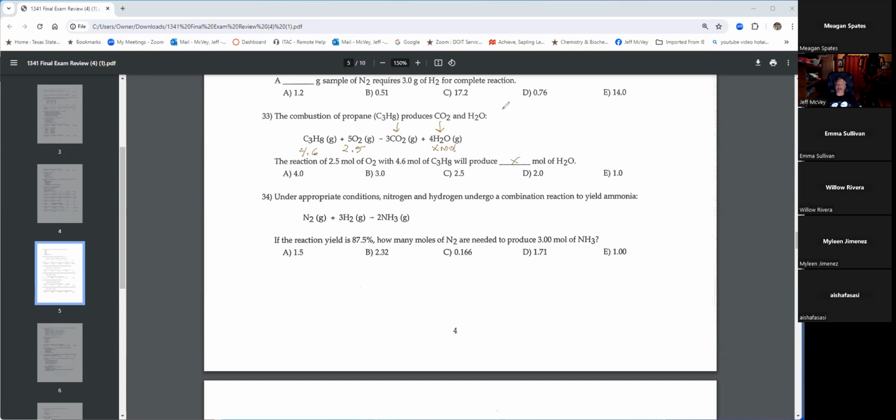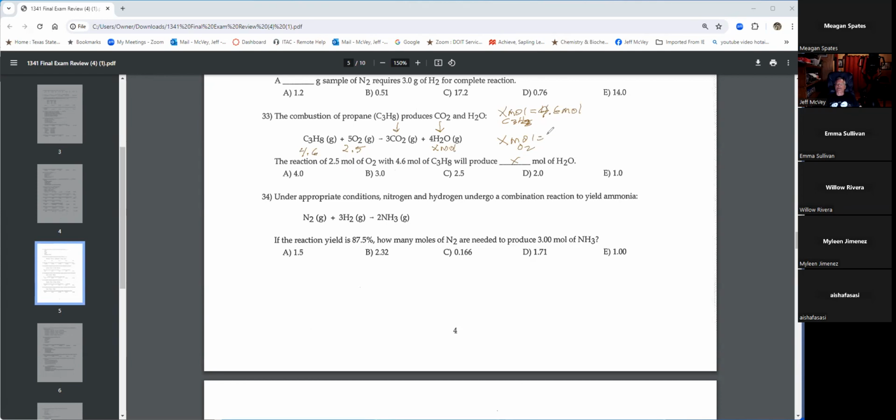I want to know how much I can make theoretically. So the first thing I need to do is figure out what is my limiting reactant. So I'm going to figure out how many moles of propane, C3H8, I have to work with. I've got 4.6 moles. And then for oxygen, this is X moles of O2.